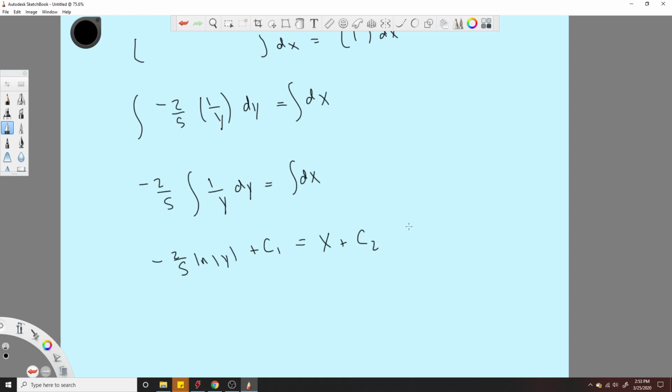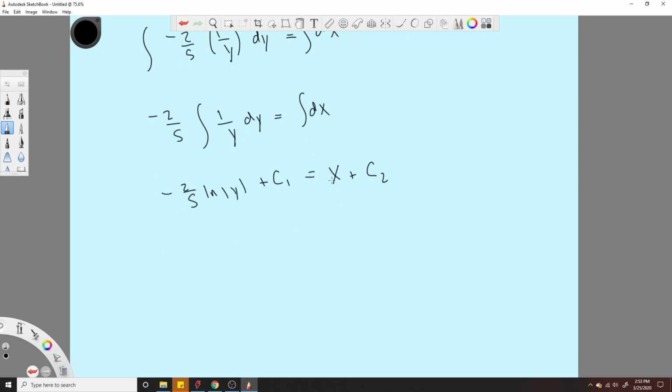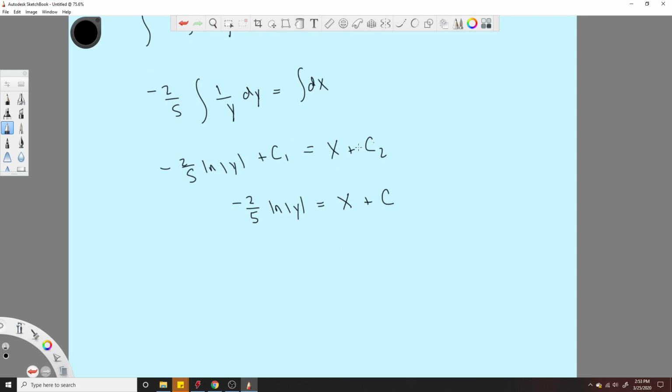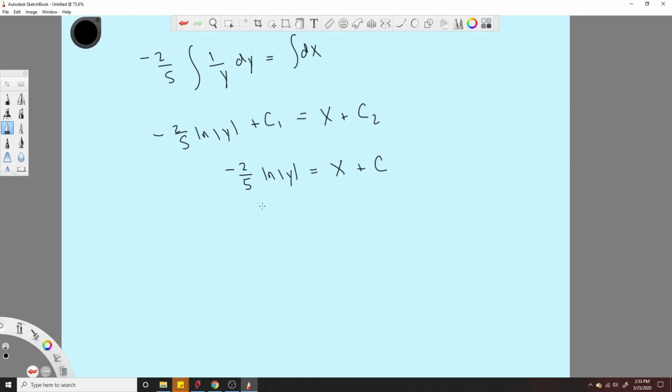Now you have to have your constants of integration, because anytime you integrate, you have some constant that may have been there. Now we can combine these two constants, because the value doesn't matter, but the fact that we do have a constant is important. So negative 2/5 ln y equals x plus, we'll just call it c now. All I did is c1 plus c2.